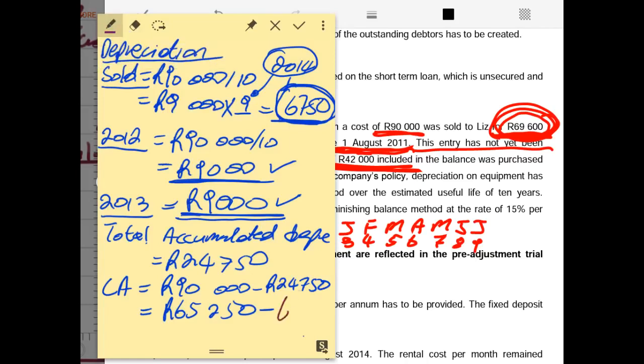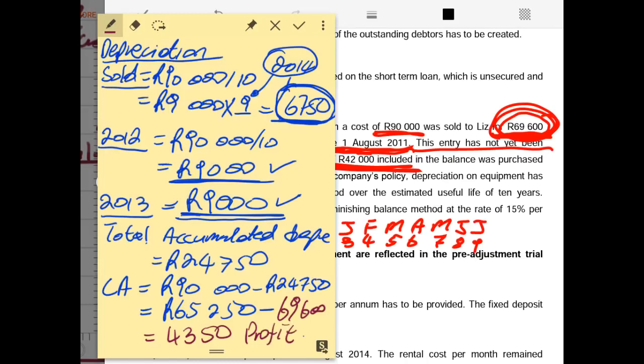There we have 69,600, and the difference will be a profit. Therefore now there will be a profit of 4,350 that was made on the disposal of this equipment.